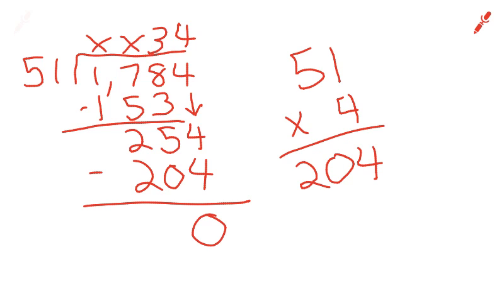And we get 50. Wow, that's going to be a big remainder, but that's okay. As long as this number is smaller than our divisor, we are okay. So 34, remainder 50. Now you need to go ahead and still check that on your own.